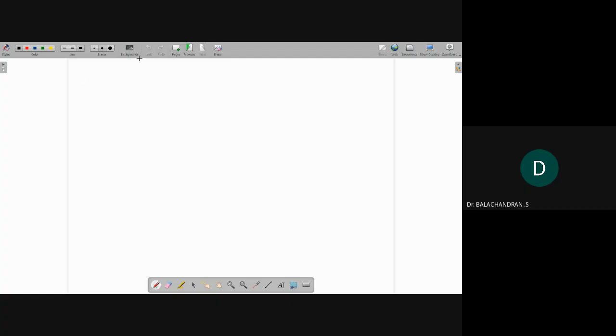Okay, first problem, find the evolute of the parabola y square equal to 4ax.